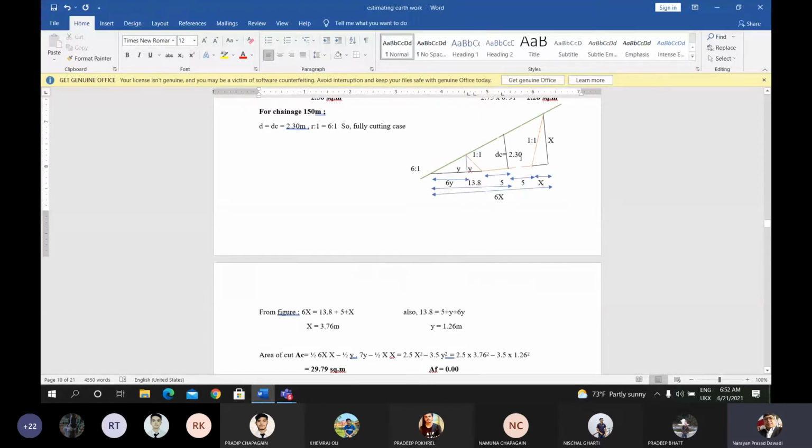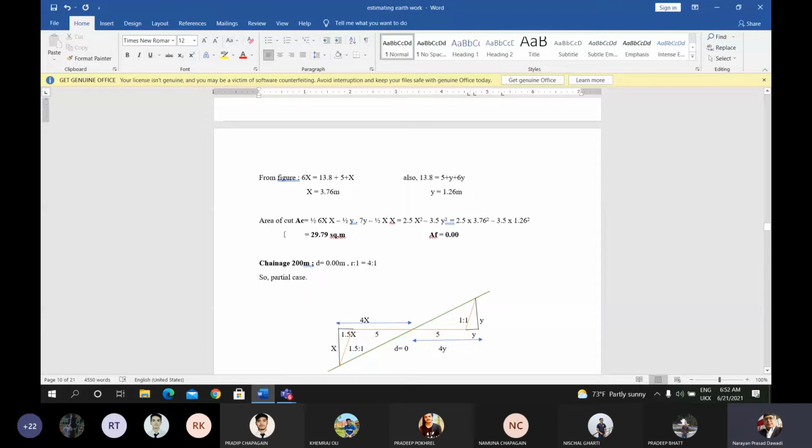Now the area of cutting will be the bigger triangle minus the two smaller triangles, on the right-hand side and the left-hand side. Deducting these from the bigger triangle, you will get the area of the red zone, which is the area of cutting.